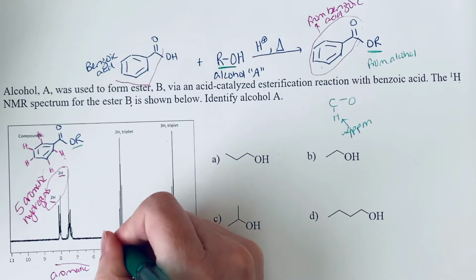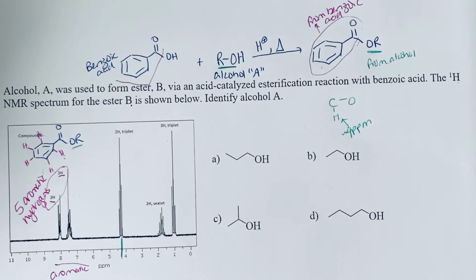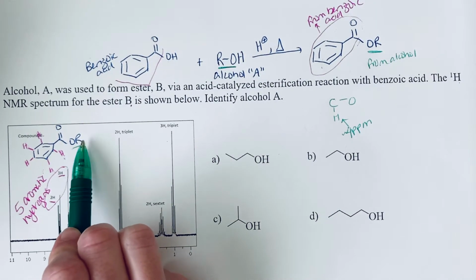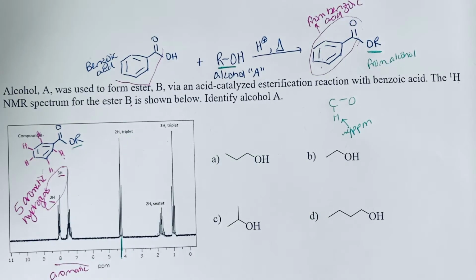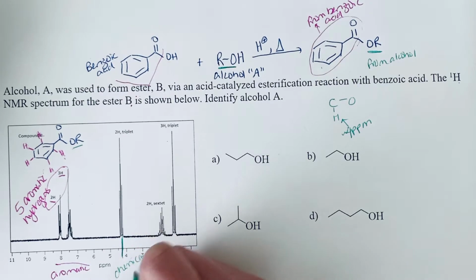So we can say that this signal here is the signal for the hydrogens on that carbon that's directly attached to the oxygen. That's good information because then we can build from there to see what the rest of that R group looks like. Because of the chemical shift, these are next to the oxygen.